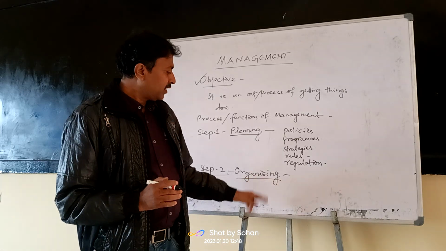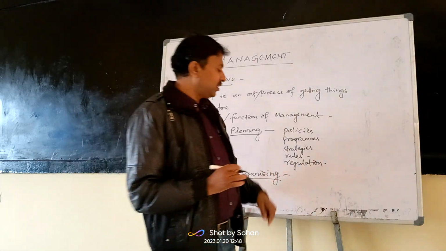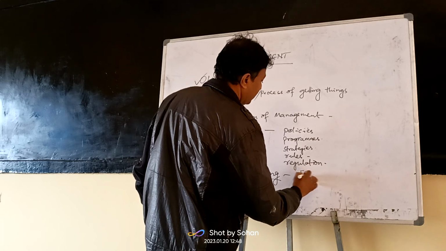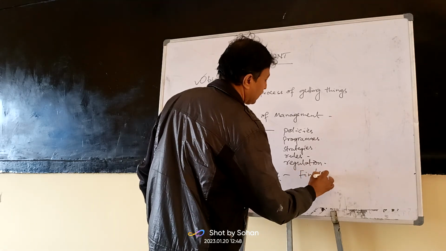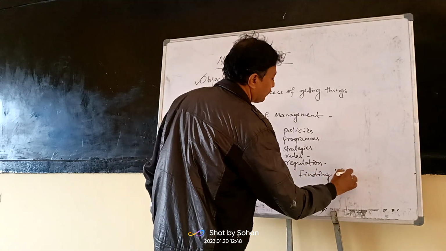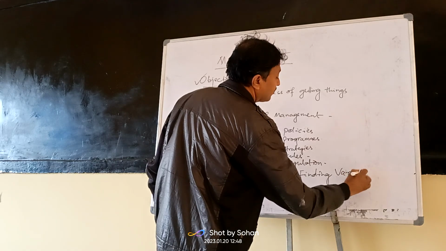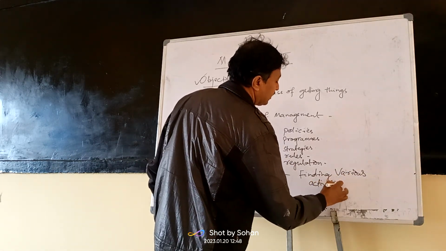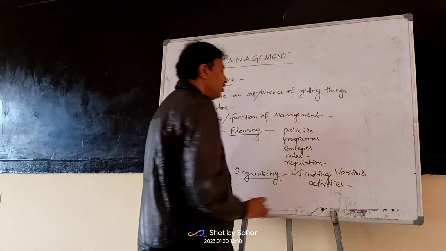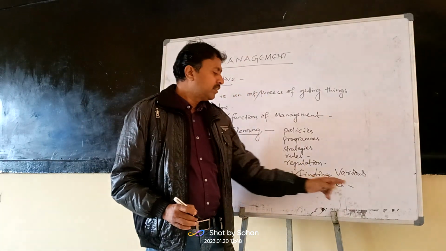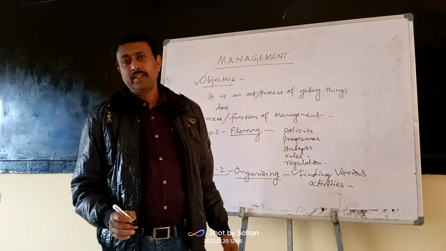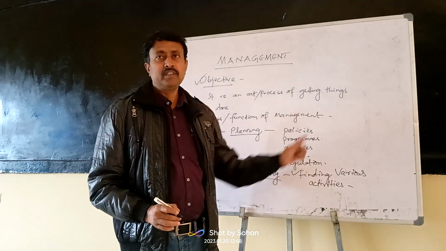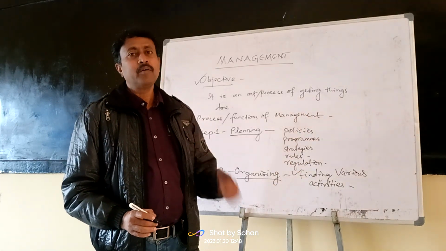Okay. In the organizing process, the first step is finding out the various activities. Right. So finding of various activities means defining and determining the various activities to be undertaken for accomplishment of the plans to achieve the objective.